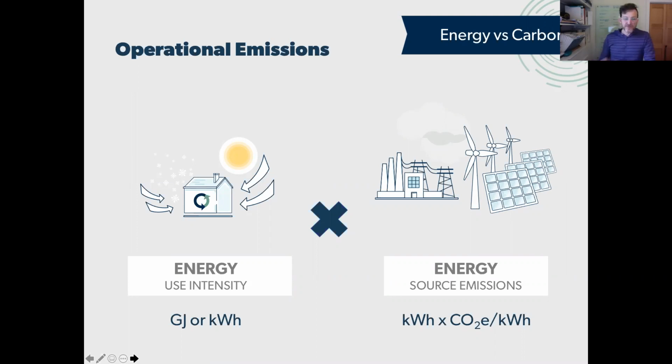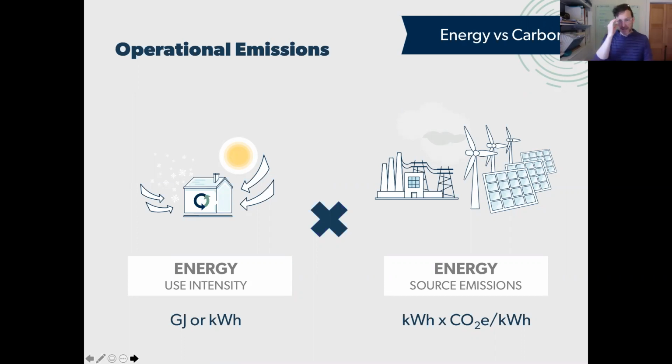So, if you have a building that uses 100 kilowatt hours over a certain time of clean renewable energy, say from a wind tower or a solar farm, the carbon footprint of that is very different than the same 100 kilowatt hours of energy coming from a coal-fired electrical plant or from burning natural gas on site.